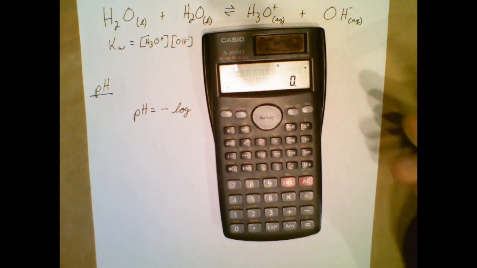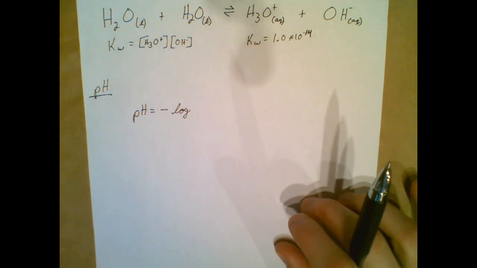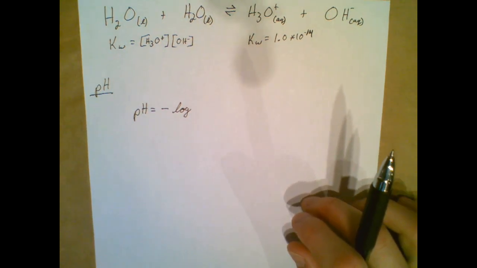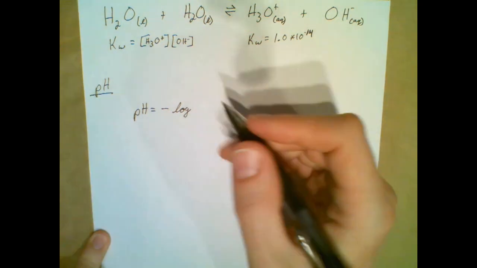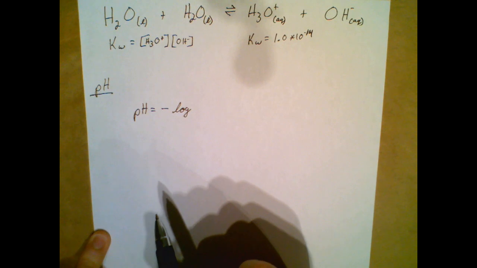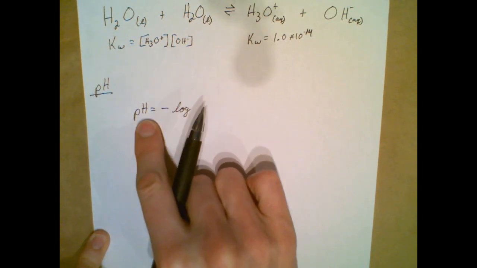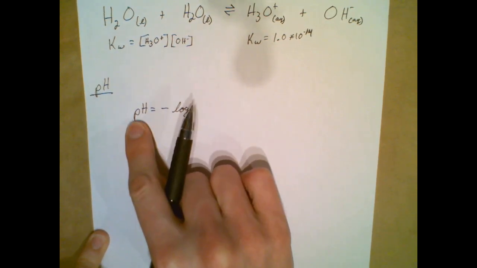That's what you need right now. But if you don't know what a logarithm is, basically a logarithm is going to take really, really big or really, really small numbers and make them a little bit easier for us to understand.